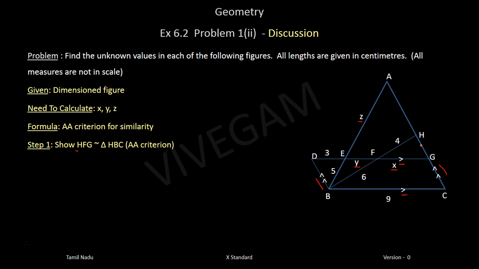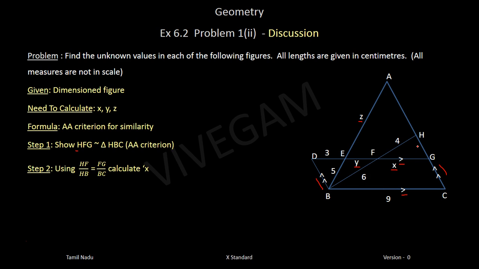Angle H is common to both the triangles. Then this line FG is parallel to BC, which means angle HFG is equal to HBC. So these two lines are parallel, so this angle will be equal to this angle. So two angles are equal between these two triangles, which means these two triangles are similar by AAA criteria.